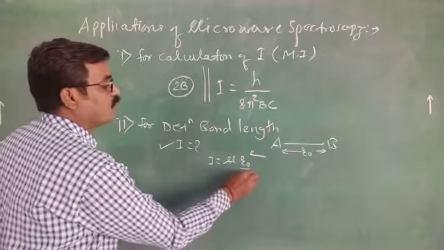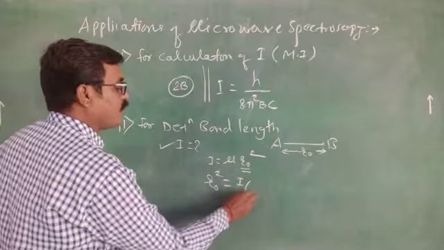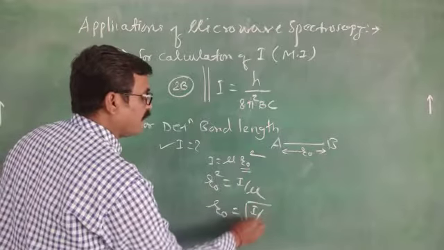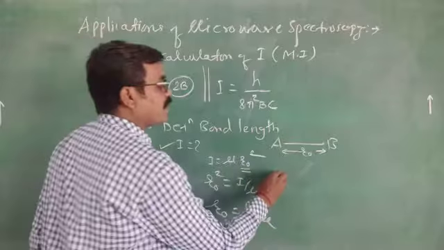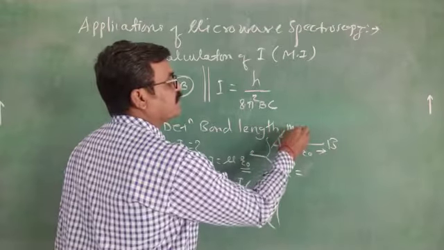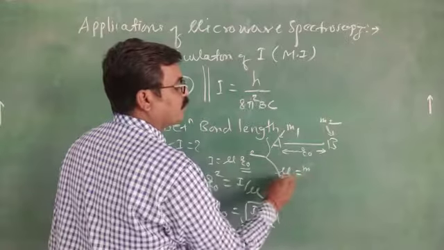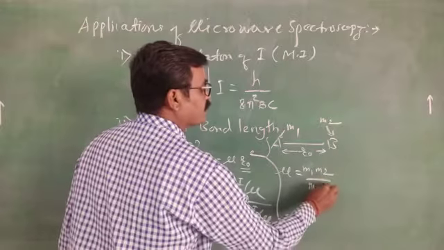If you have to determine r0, then r0 square equals I upon mu, so r0 equals under root of I upon mu. Means you must know this mu. What is mu? Mu is the reduced mass. If suppose the mass of this atom is m1 and the mass of this atom is m2, then mu equals m1 m2 upon m1 plus m2.